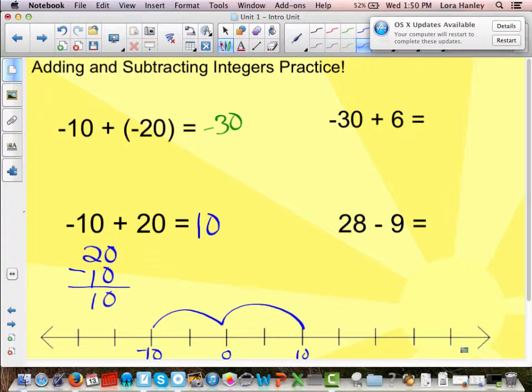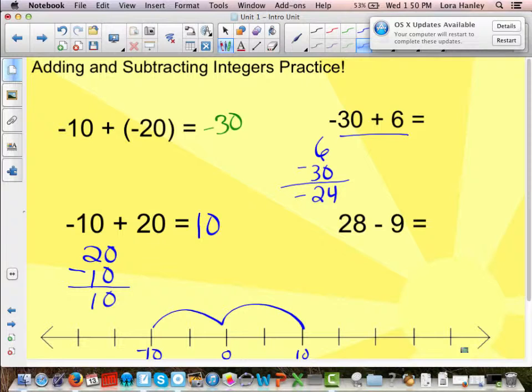The next one we have to look at is -30 plus 6. Again, we could do 6 minus 30 if we wanted to move those around, and we end up with -24. We can also think, okay, so the absolute value of -30 is larger than the absolute value of 6.